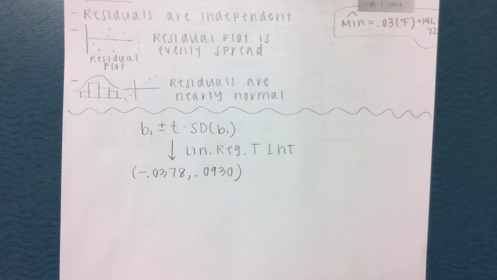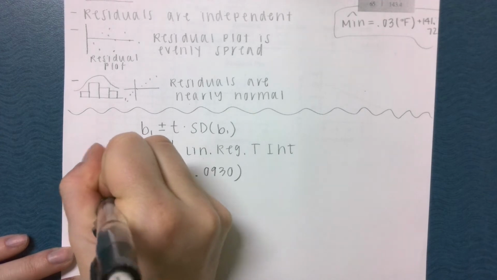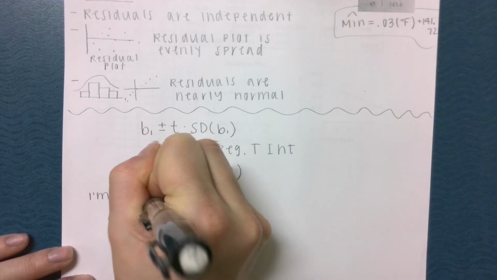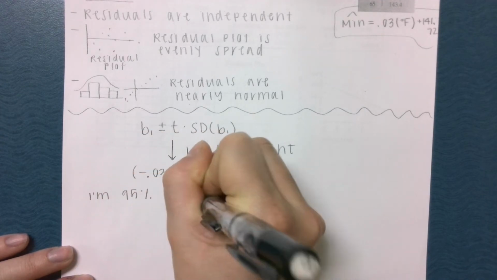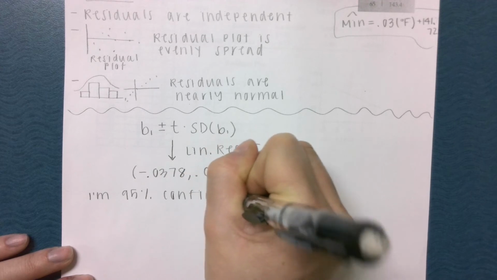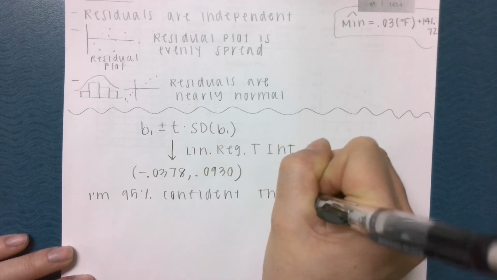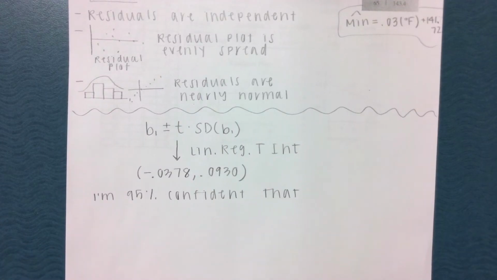Okay, once I have my confidence interval, the last thing that I need to do is interpret. Our interpretation is going to start the same as all of our confidence intervals. So I'm going to say I'm 95% confident that. Now what we are doing is interpreting slope.